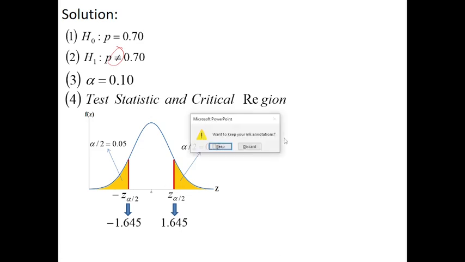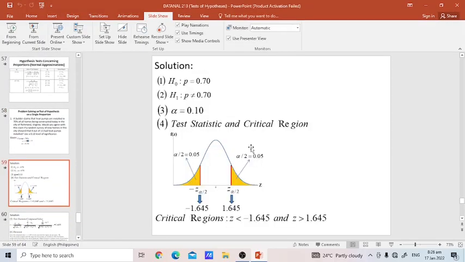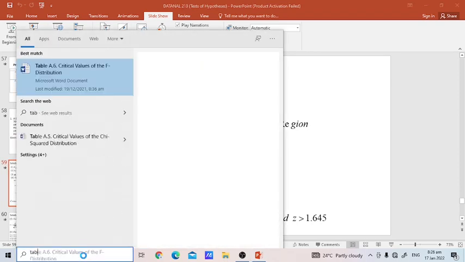But before we proceed, let us review. How did we arrive with those values? So we have table 8.3.